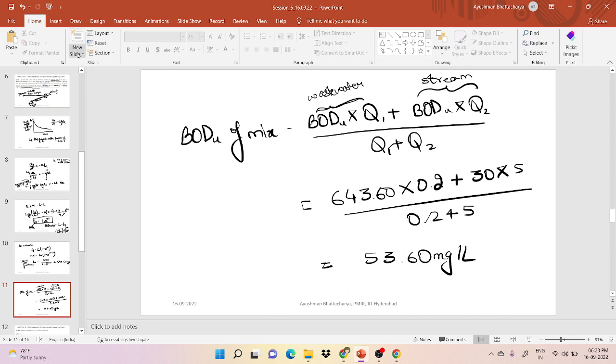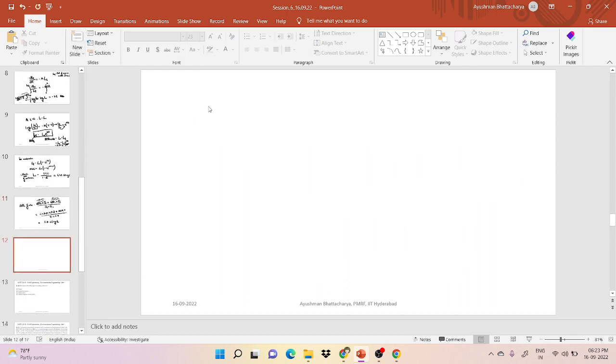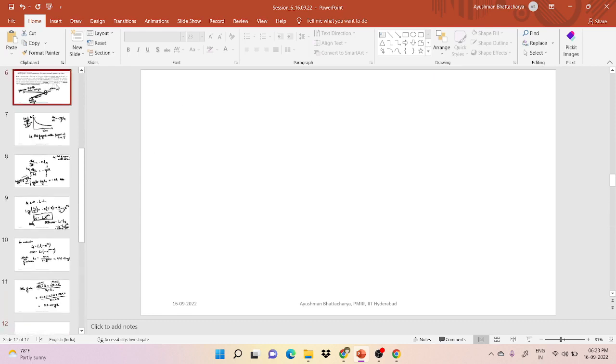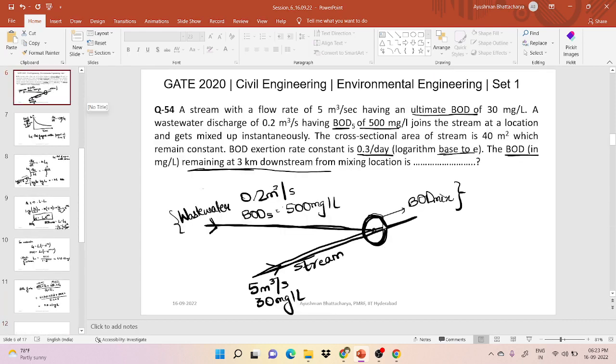Now the further steps are: in that question they haven't asked about the BOD at the point of merging. They have asked the BOD remaining at 3 kilometer downstream from the mixing edge. So this is the mixing location, this is the mixing edge.